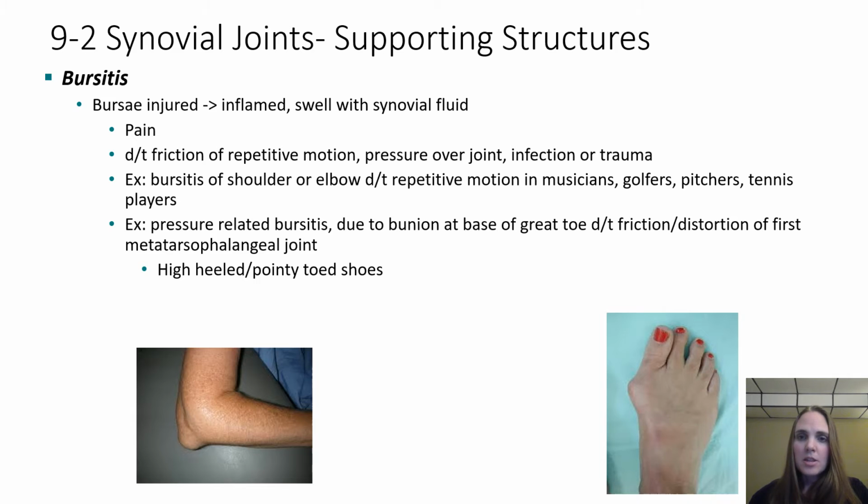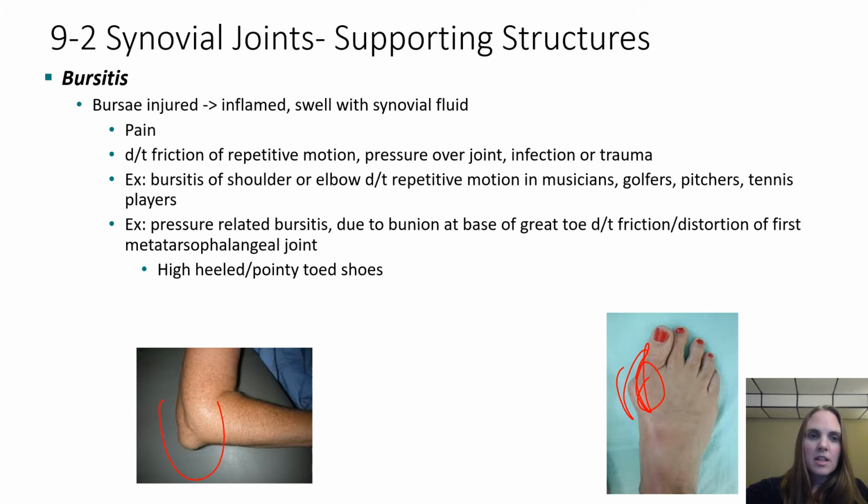An example of pressure-related bursitis, there is a condition called a bunion, which you can see in this picture on the bottom right, where the great toe gets a distortion, an enlargement of the first metatarsophalangeal joint. So this bony joint here is enlarged and it causes an increased friction and pressure, and that can lead to bursitis in that area over that joint.